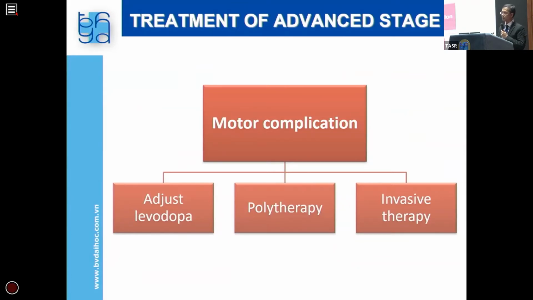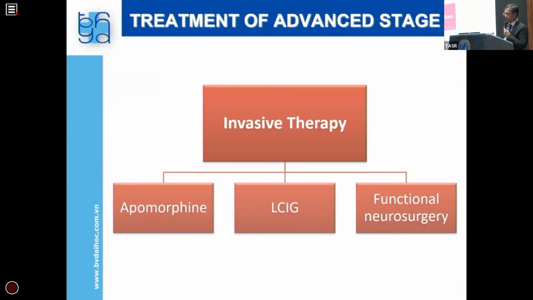We also use polytherapy, and we also use invasive therapy. With invasive therapy, we can use apomorphine injection, or LCIG, or functional neurosurgery: deep brain stimulation, lesioning, focused ultrasound.